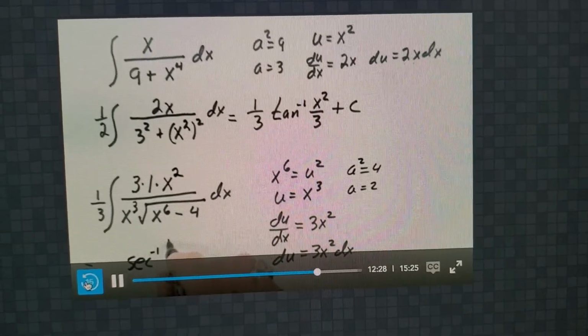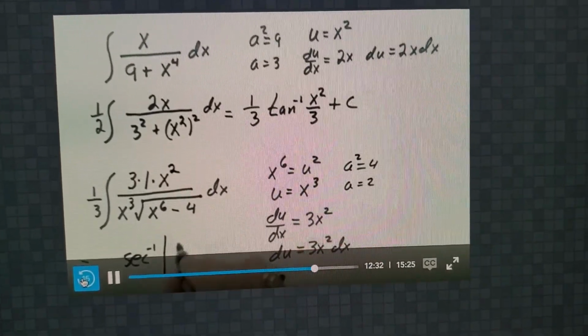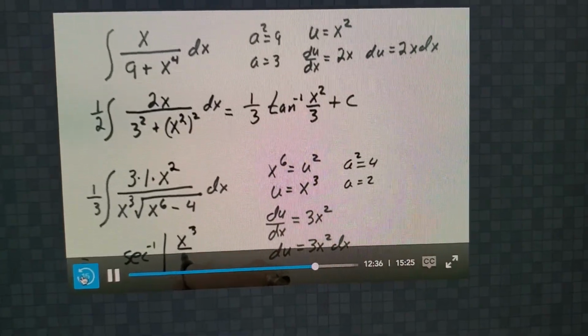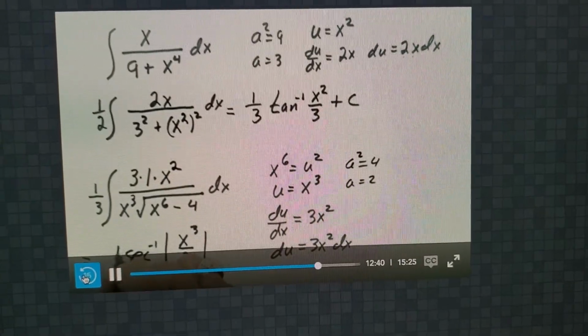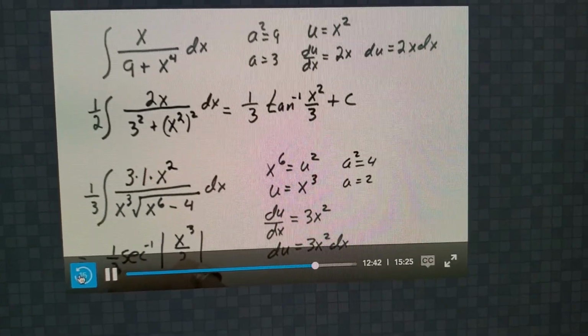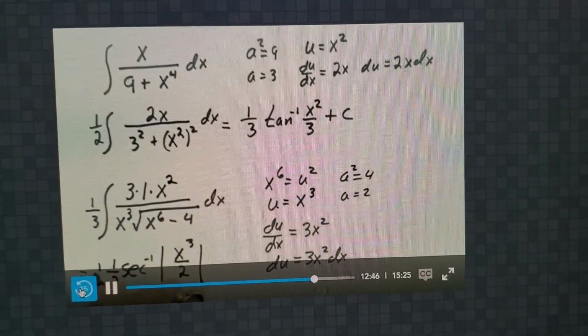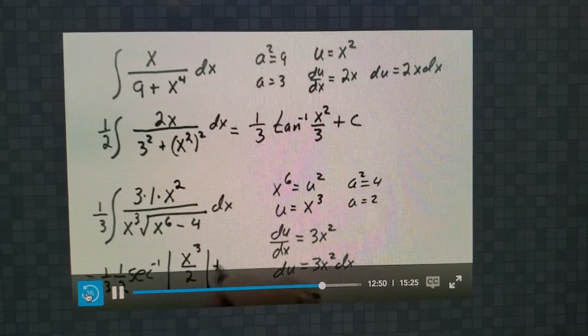We need the absolute value. We need u over a. We need 1 over a out in front. But remember, I had to supply that 1/3. So there's actually a 1/6 out in front plus c.